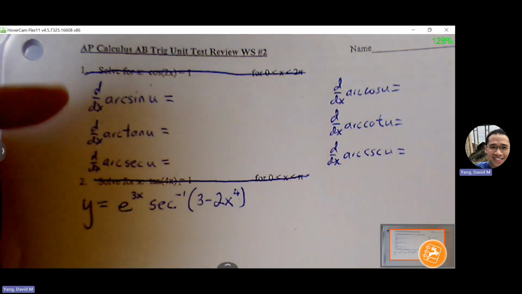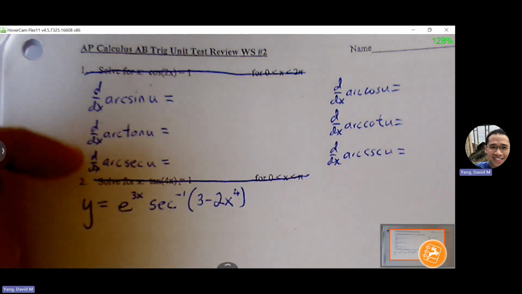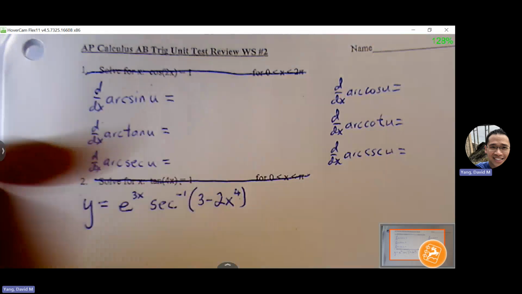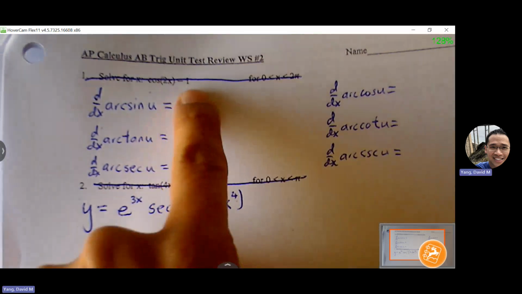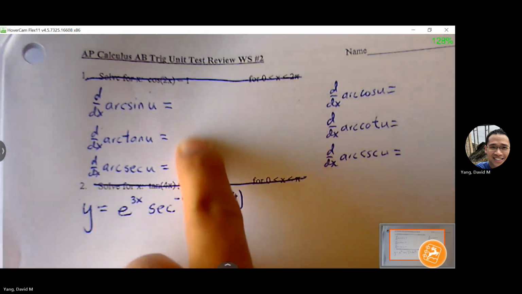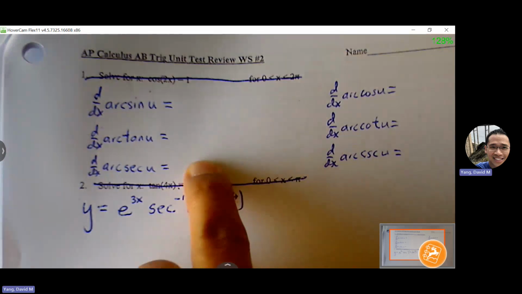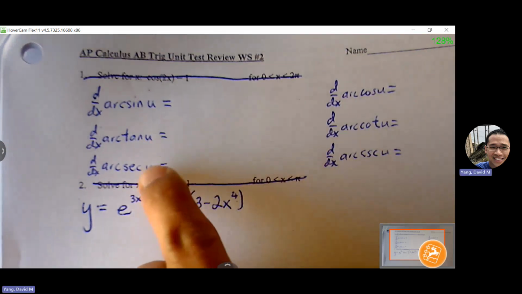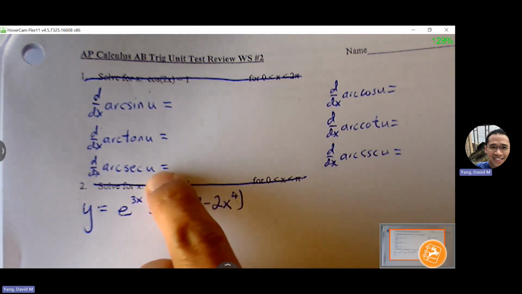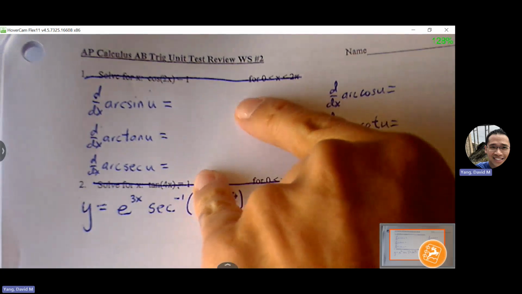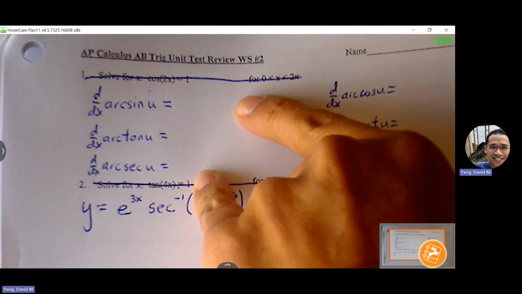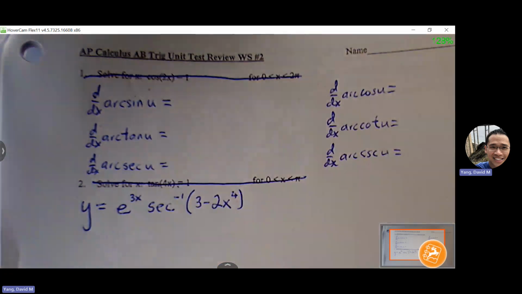Remember, it's just these 3 rules that you have to really memorize, and then you can just copy the ones to the left and just put a negative in front. Remember, all the numerators are the same, and all the denominators involve 1 and u squared. Start with the easiest one, go to the most complex, and if you can figure out this arcsecant one, then arcsine will have a similar but different order of your 1 and u squared.